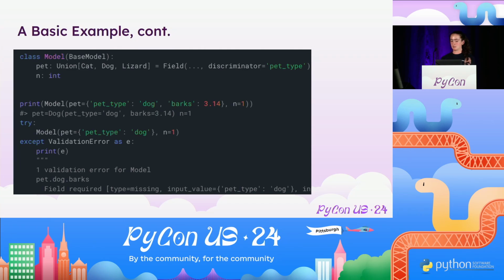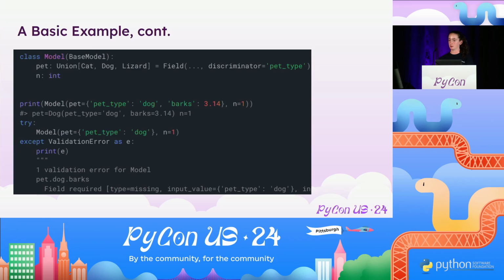So then we can see we initialize a model instance. In this case, it's a dog. And what's really happening under the hood here is that with a standard union, Pydantic would attempt to validate your incoming data against all of the types of the union, and then find which one was the best match.